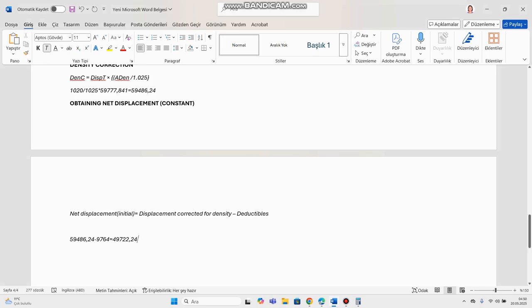This is quantity of cargo. This vessel loaded 49,722.24 metric tons of cargo. That's it.